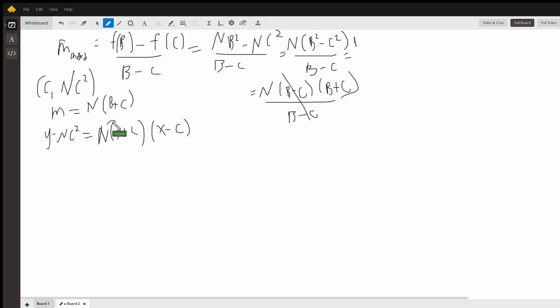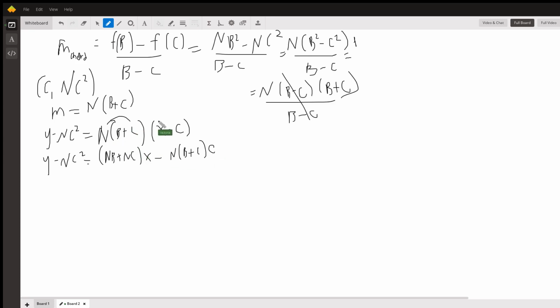So if you distribute this in, and then you FOIL this, you get y minus nc squared equals (nb plus nc) times x minus (nb plus nc) times c.